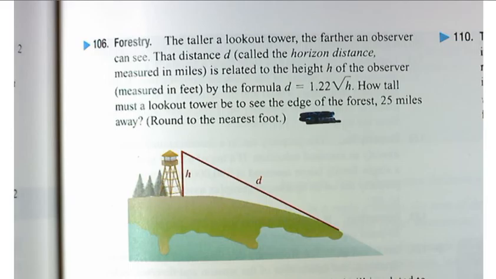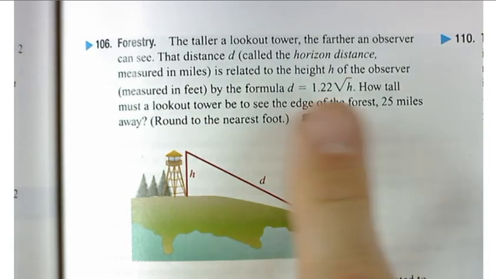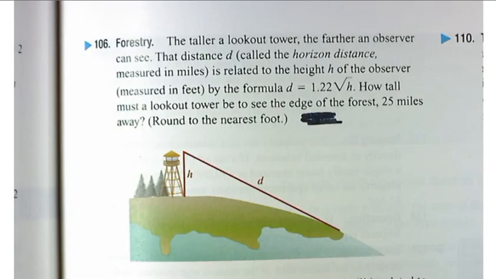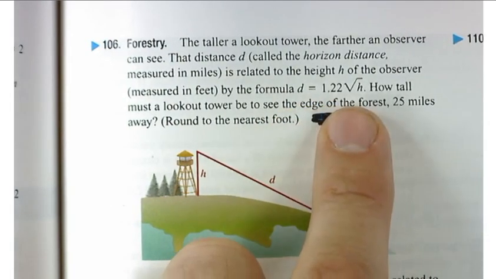So what's that 25 miles refer to? Where am I going to put that into my formula? D. So the equation that I need to solve is d equals 1.22 times the square root of h.